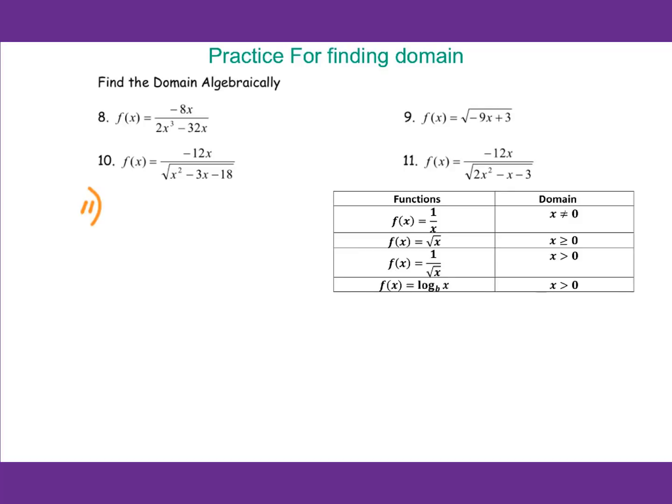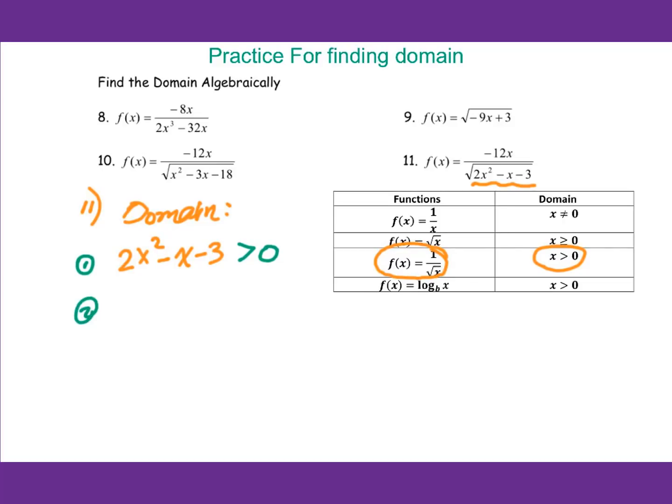Let's go to number 11. We know this is still a rational square root function. Remember the radicand is greater than 0. We got to set up the domain like this: 2x squared minus x minus 3 greater than 0. Second step, we set this quadratic function equal to 0 to find the roots.